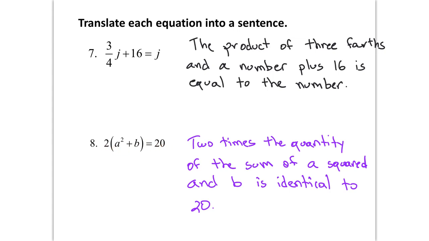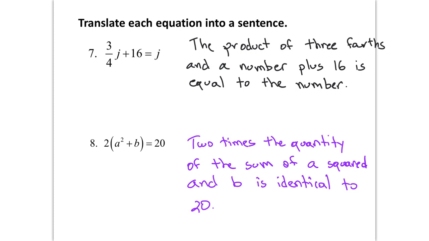There's many ways you can actually write down a sentence that represents an equation. But the keywords have to be in that sentence that represent what we have in the equation. So always try to make sense when you write a sentence. Try to make sense of what the problem is, and it has to relate to what you see in that equation. If you're adding, you have to say the sum.